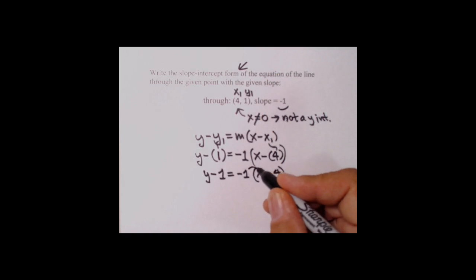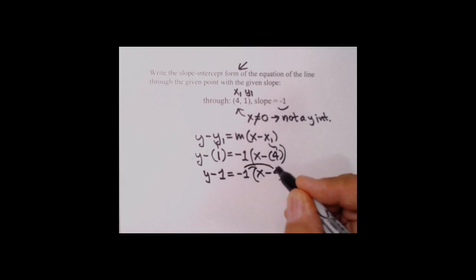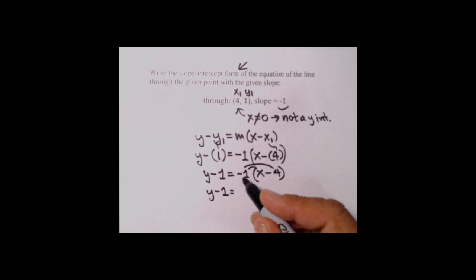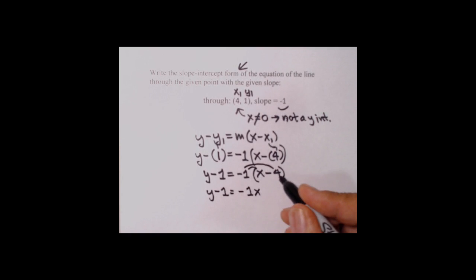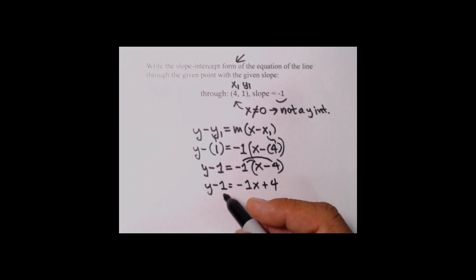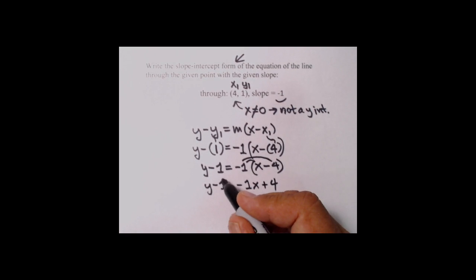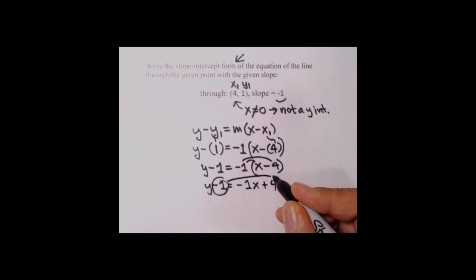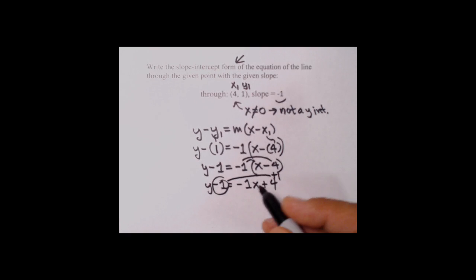So the first thing you do here is use the distributive law on the right. The guy on the left remains the same for the moment. Negative 1 times x is negative 1x. Negative 1 times negative 4 is positive 4. One more step and we've got what we want. So we want to solve this for y equals, so take the minus 1 and jump it over here as plus 1.